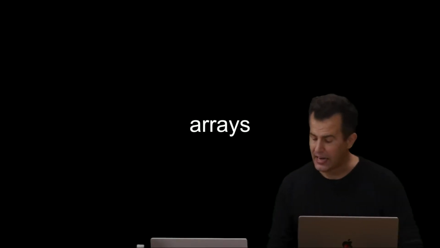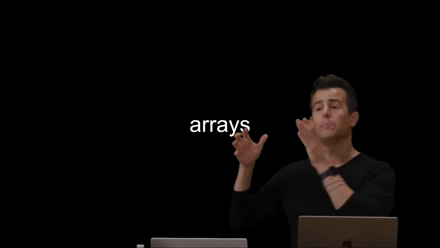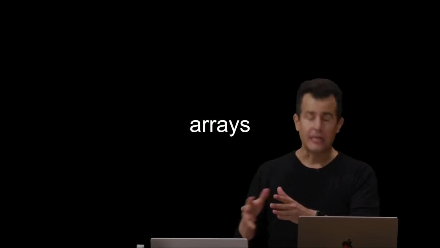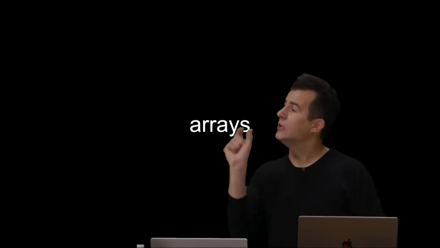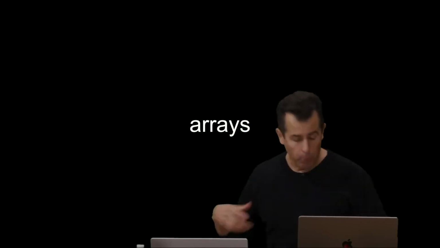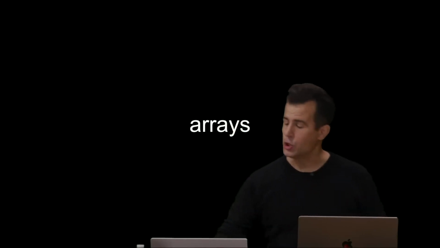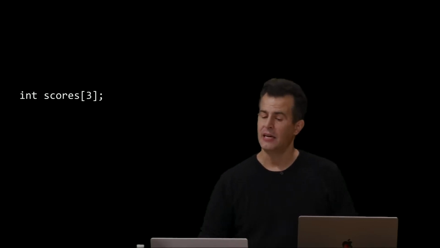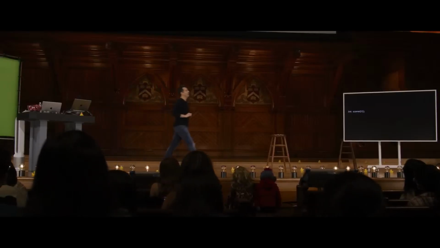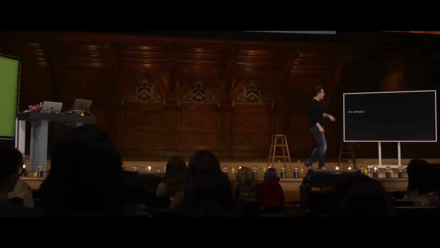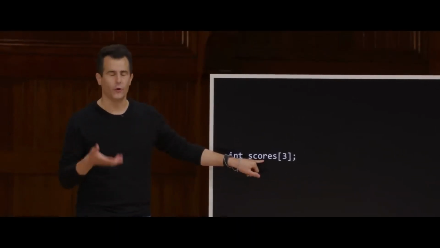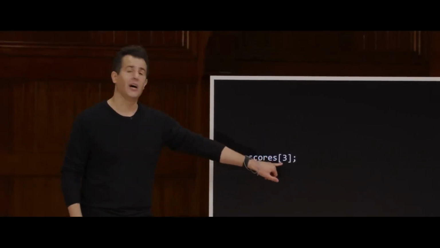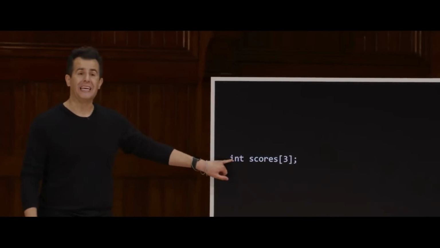An array is a way of storing your data back to back to back in the computer's memory in such a way that you can access each individual member easily. Put another way, with an array, you can instead do something like this. Instead of saying int score 1, int score 2, int score 3, giving each a value, you can first tell the computer, please give me a variable called scores, plural, though you can call it anything you want, of size 3, each of which will be an integer.